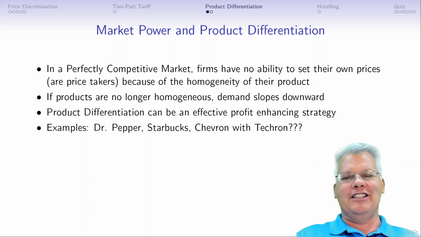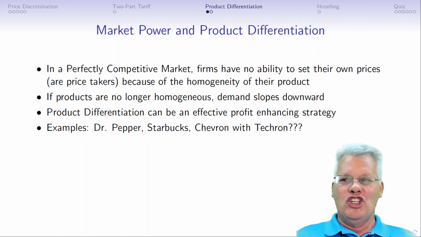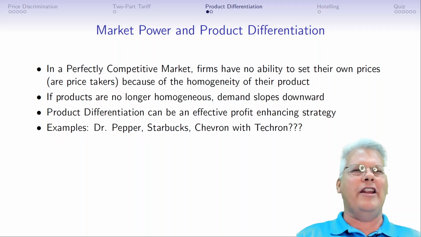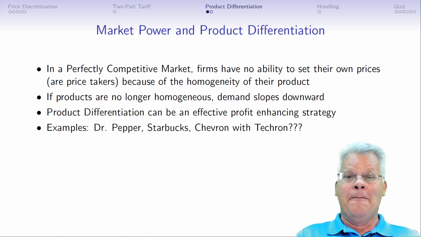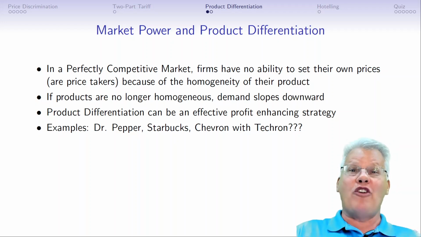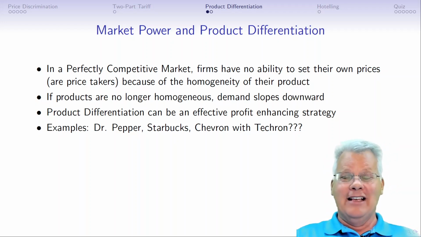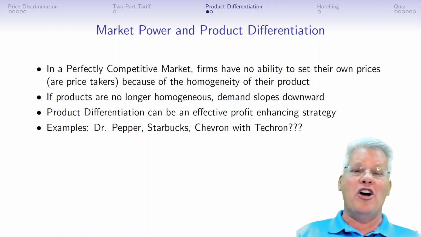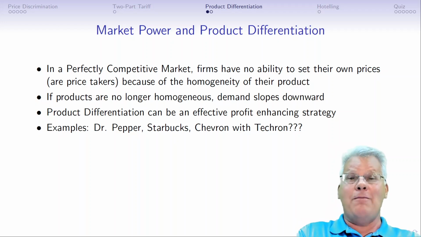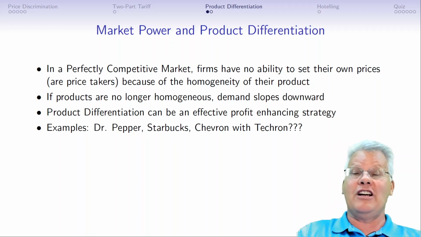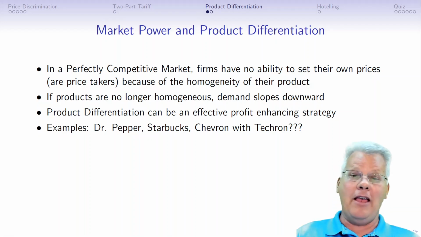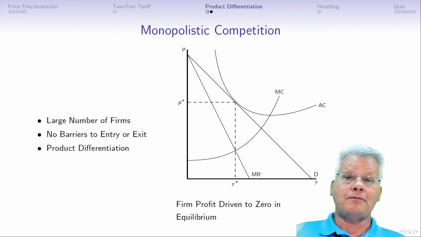I remember, just to go to the car example, Chevron for years said that they had this additive called Techron put in their gasoline, and you could drive your engine clean with Chevron with Techron. It was better than that stuff sold by Mobil or Valero. So to the extent that each one of these firms can make that argument believable to customers, there are customers that have higher willingness to pay, and it's profitable.